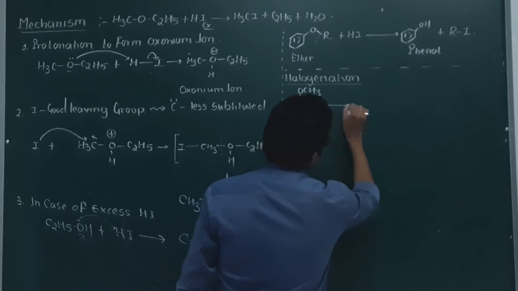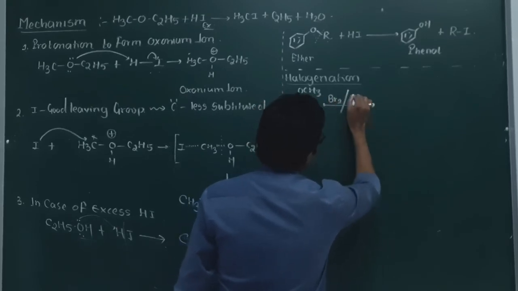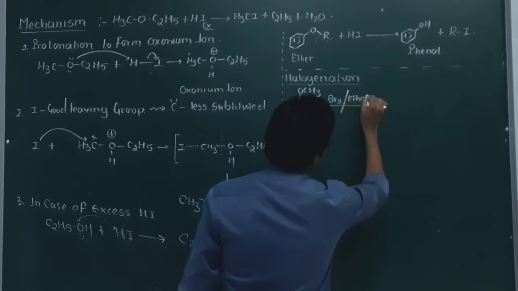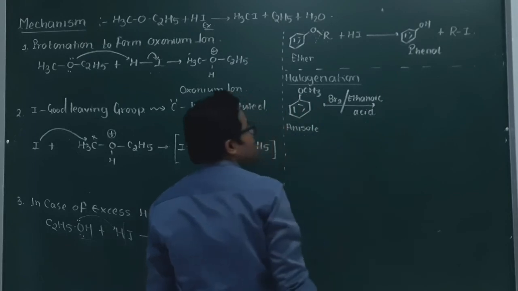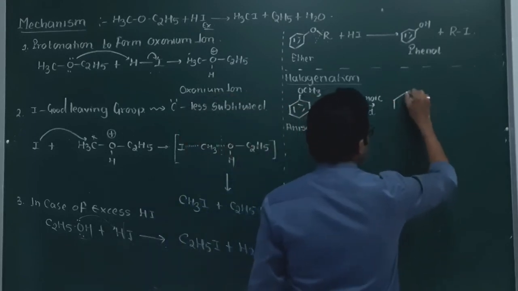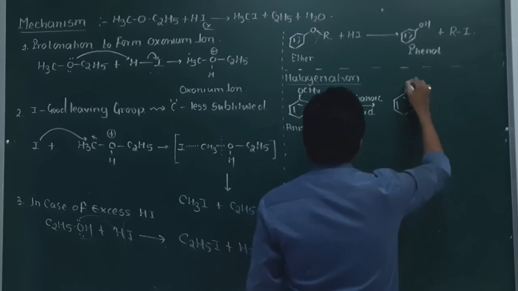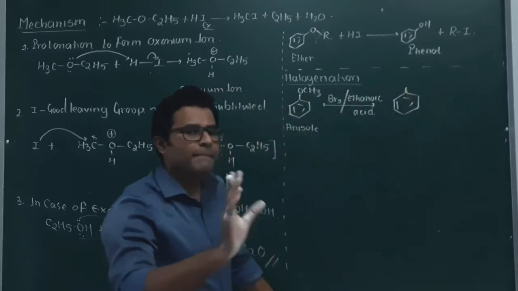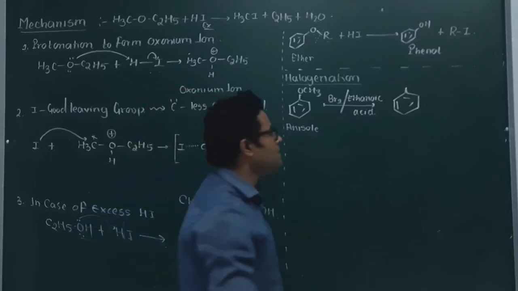This anisole undergoes reaction with Br2 in the presence of ethanoic acid. Alright, so in the presence of ethanoic acid, it gives rise to two products. One, of course, is going to be a major product, and another one is going to be a minor product.